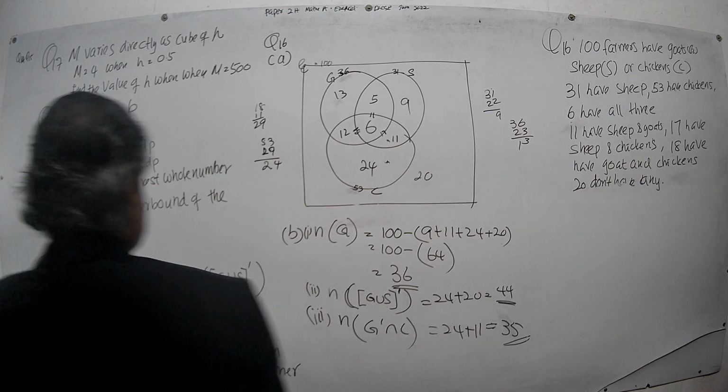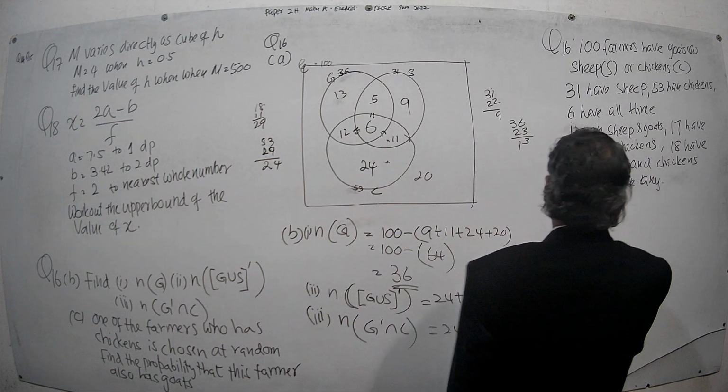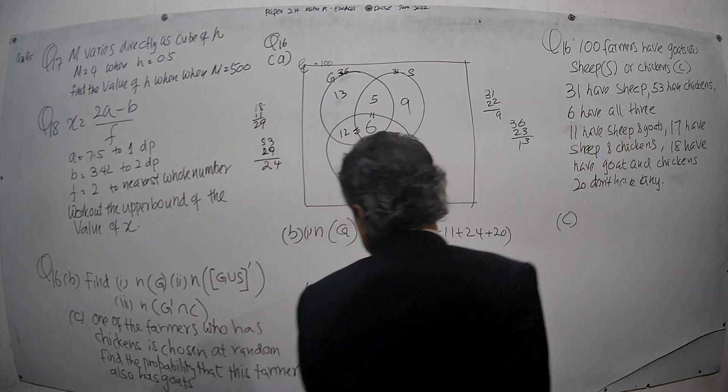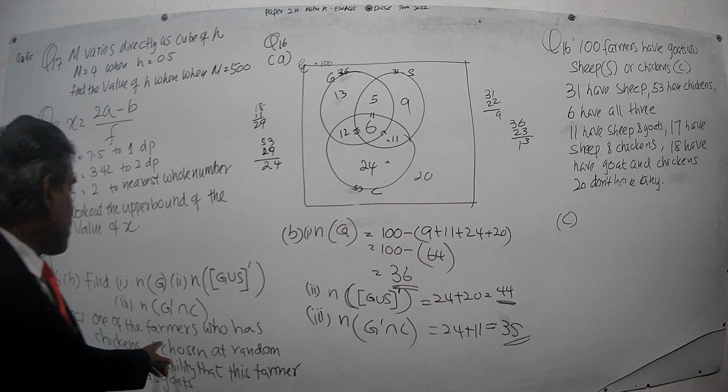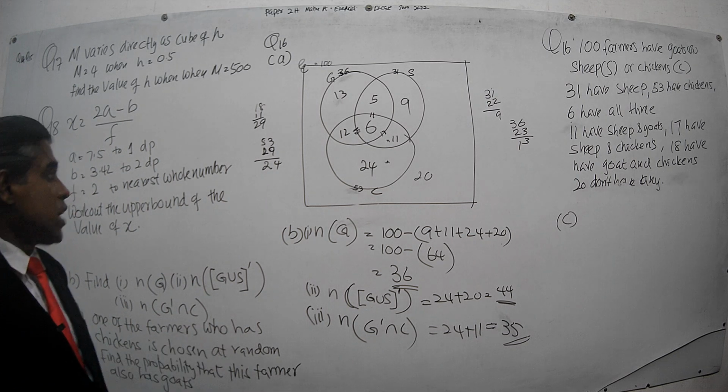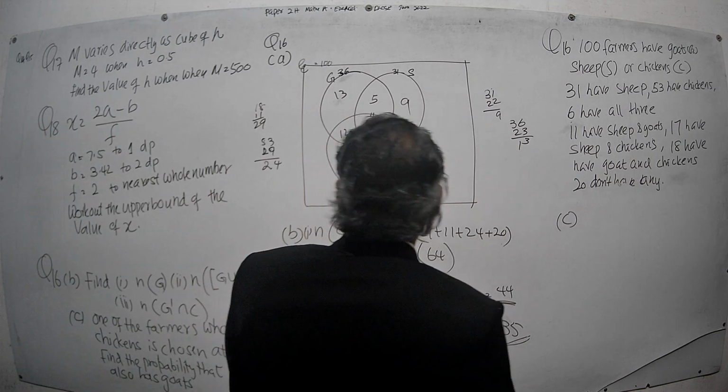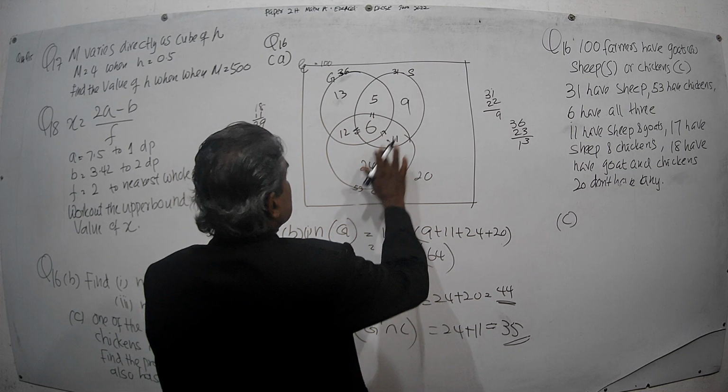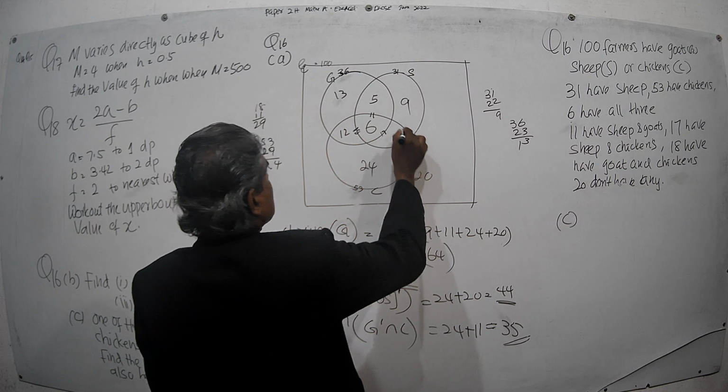Now, what do they say? Part C. They say one of the farmers who has chickens is chosen. What are the farmers who have chickens? These farmers.